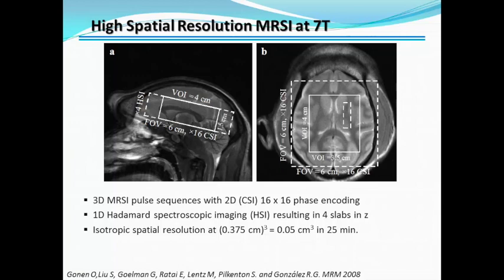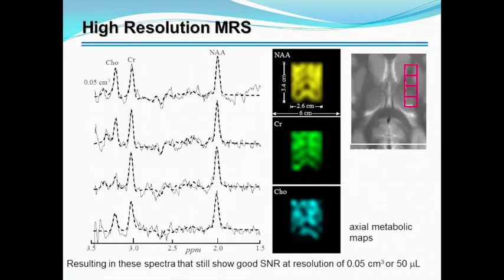So the isotropic spatial resolution was 0.375 centimeter. So one voxel is 0.05 cubic centimeter, and that was done in 25 minutes. And despite this very high resolution of a 50 microliter voxel, the signal to noise was still good enough to make out NAA, choline and creatine very well, and so you actually see the underlying anatomy of the monkey in this case.